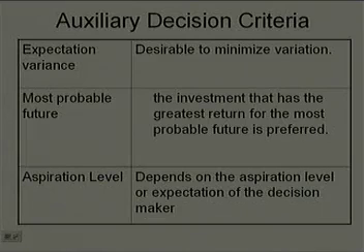Now, in this, there are a number of criteria. For example, there could be decision based on the expectation variance. There could be decision based on most probable future. There could be decision based on aspiration level.